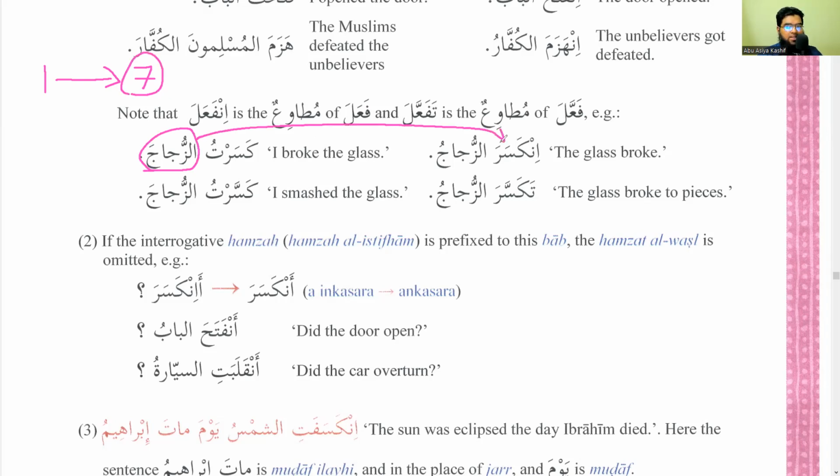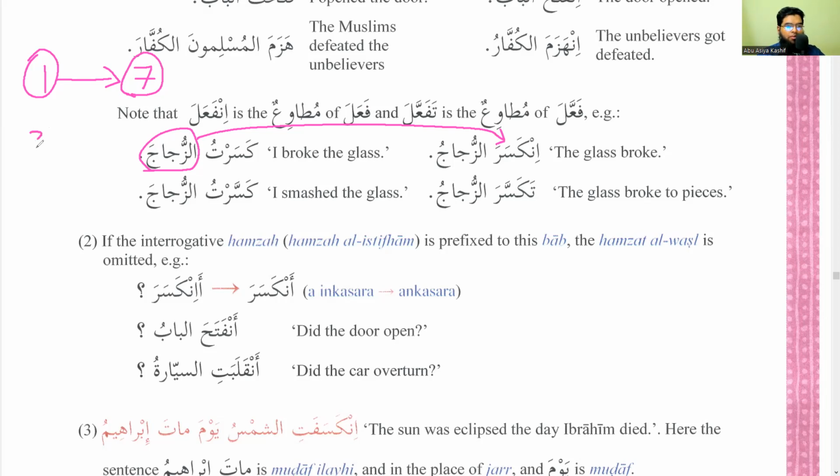In kasara zujaju. So form 1 will go to form 7 when you want to do mutawa. What is mutawa? Again, object. You want to say the glass broke. Ascribe the action to the door itself. The door opened. The wind blew. Wind will blow anyways. But Allah blew the wind. Instead of that, you're saying wind blew or whatever.